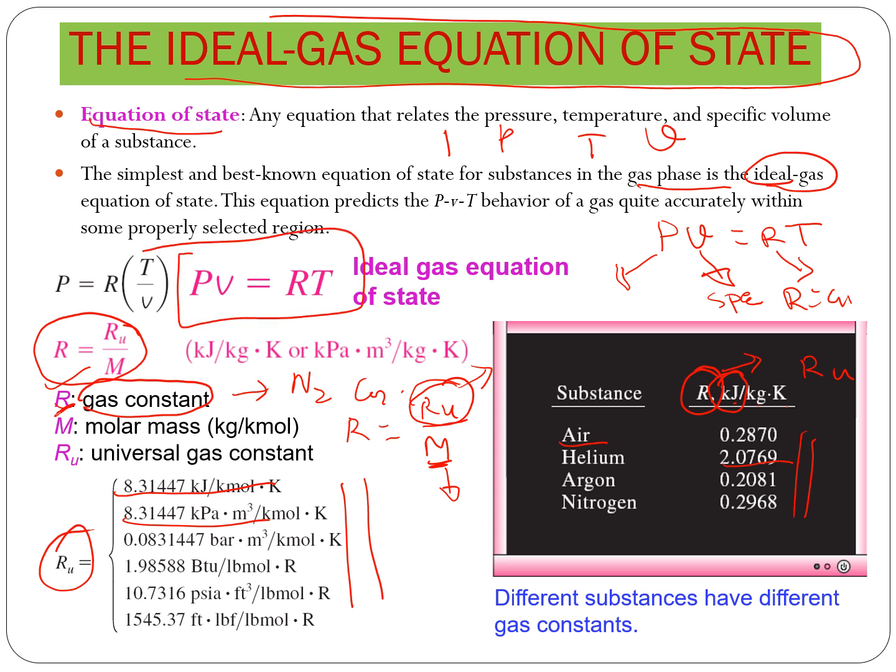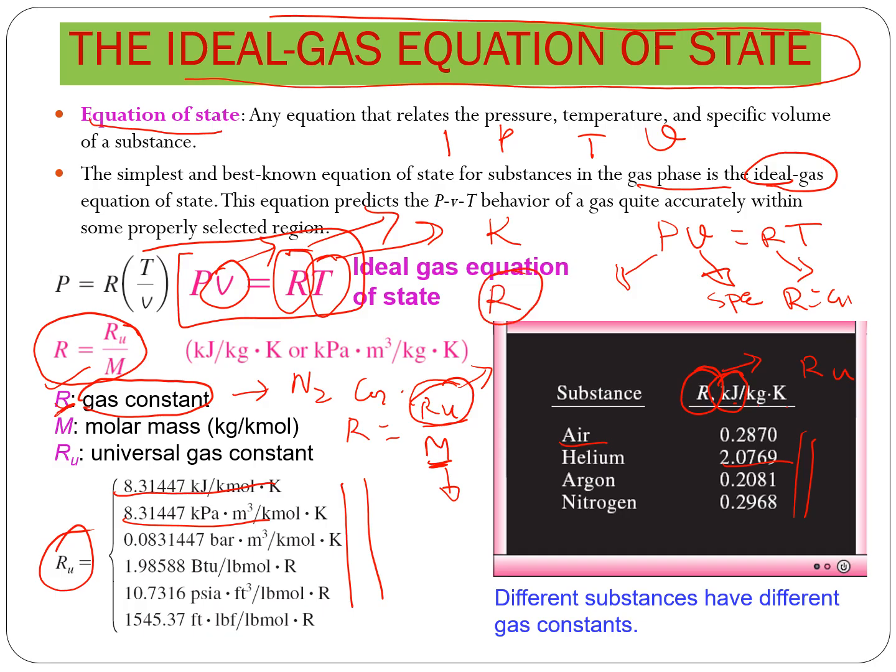Again, in Pv = RT, this small v is specific volume, and R is the gas constant, which you can get from, I think, table A1. And T is temperature, and whenever you do the calculation, the temperature has to be on an absolute temperature scale. If you are using SI units, always convert the temperature to Kelvin, and if you are using English units, always convert to Rankine.